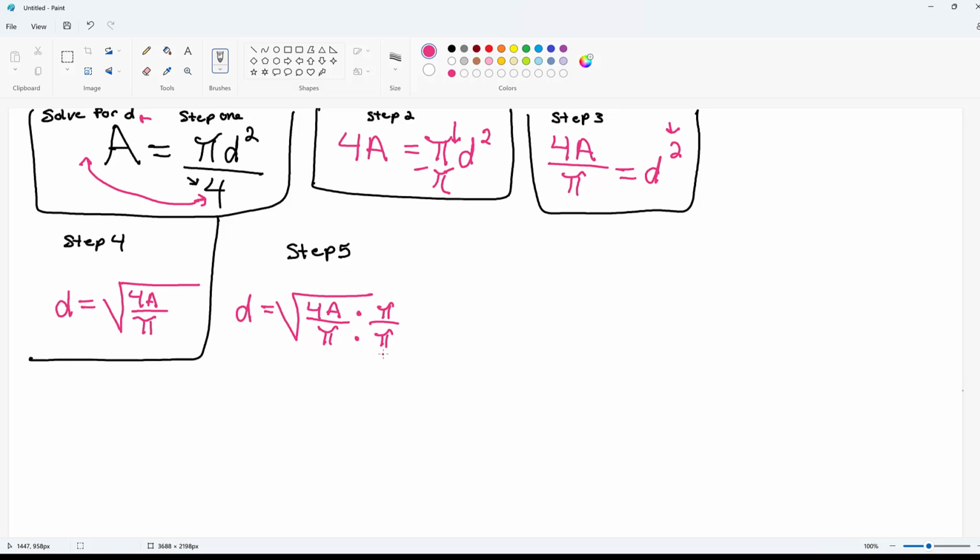So because the denominator here is both pi, we're going to know that d is going to be equal to 4 pi a over pi. It's not going to be pi squared.